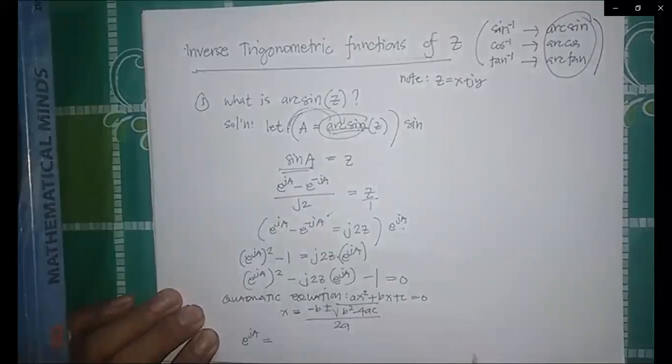Now, the coefficients of that equation: for b, take note, that is negative j2z. So that is negative j2z plus or minus the square root of b squared.